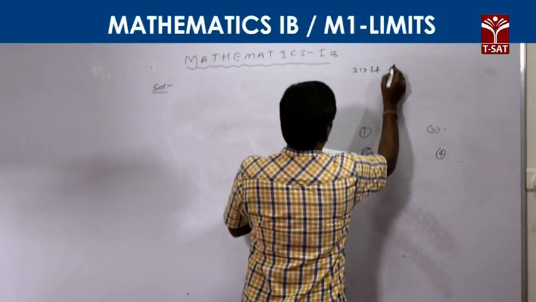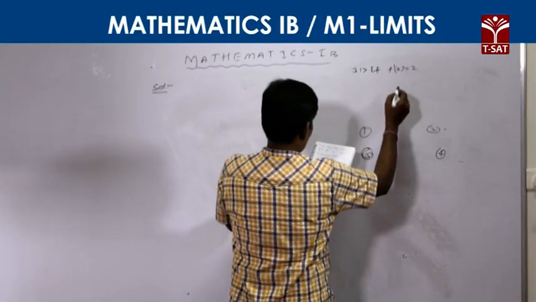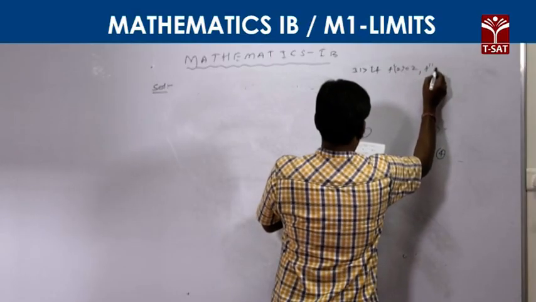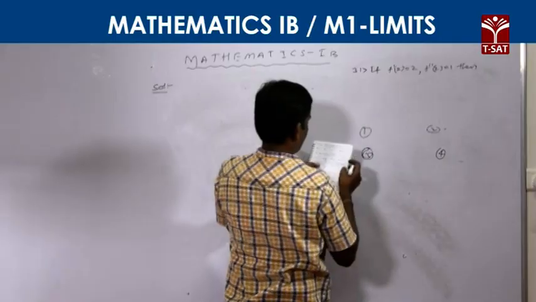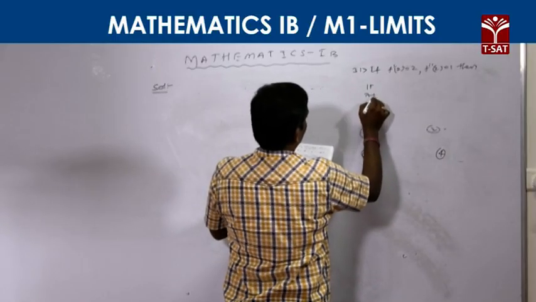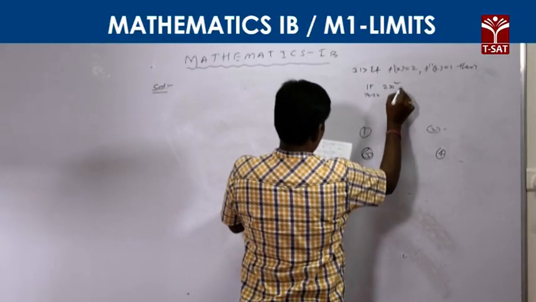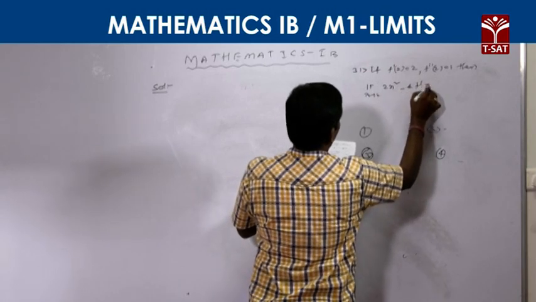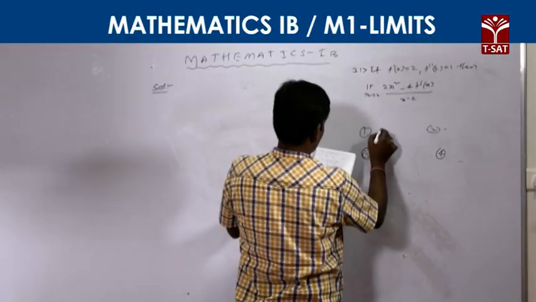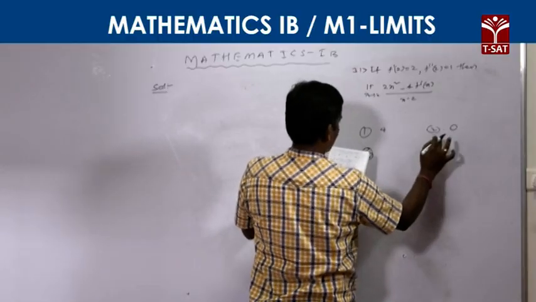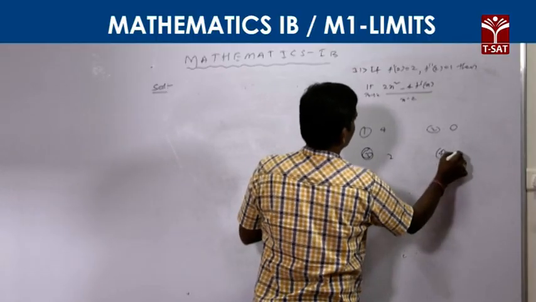If f dash of 2 is 2 and f double dash of 2 is 1, then the limit as x tends to 2 of 2x square minus 4 into f dash of x by x minus 2. The answers are 4, 0, 2, infinity.